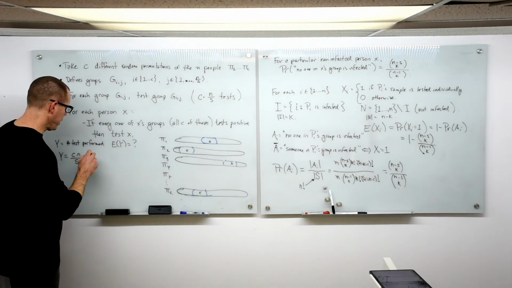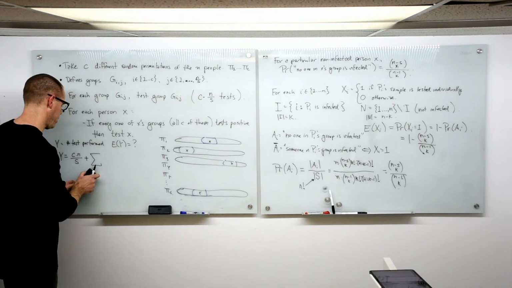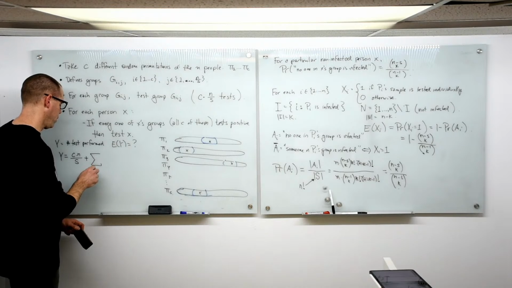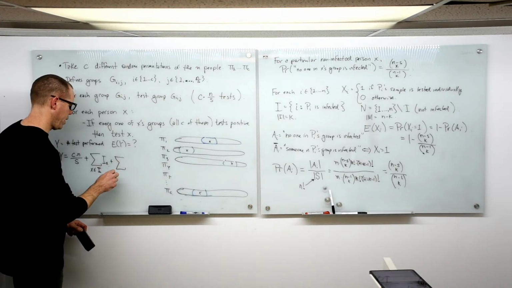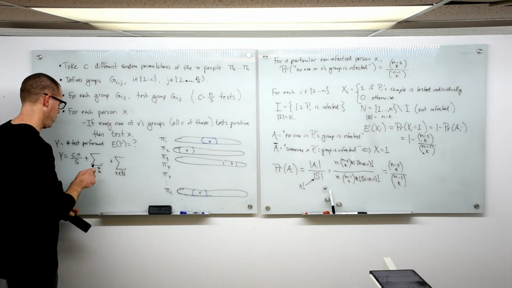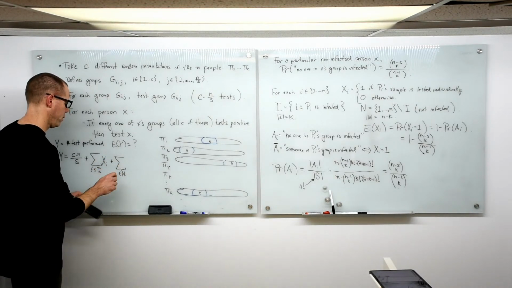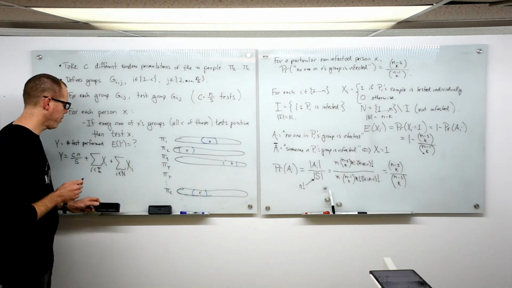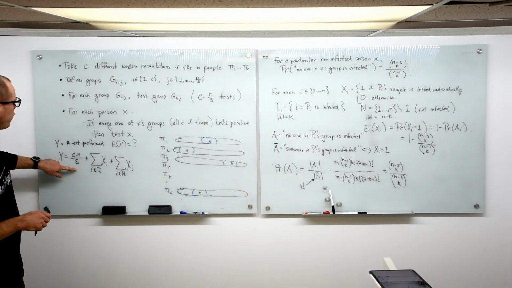well, we can split that sum same as before, where we take x in the infected set of people, plus we take x in the non-infected set of people. Let's call this xi, and let's call this xi. So just like before, we have the first round of testing.